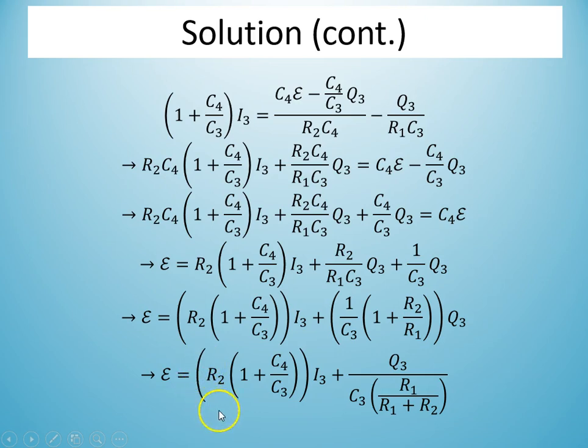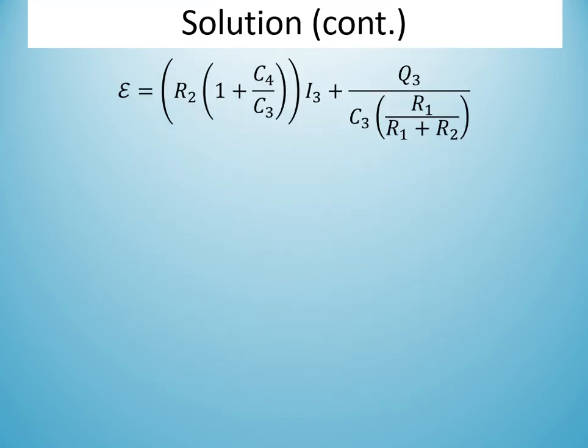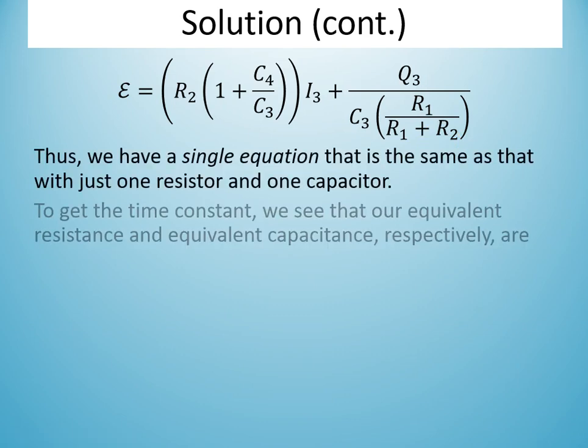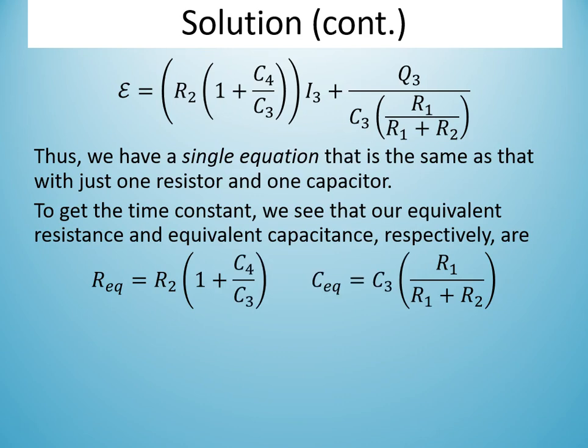We have our effective resistance, or equivalent resistance. We have our equivalent capacitance right here. So, from that, since we have our R and we have our C, we can get a single equation for the time constant. We multiply the R and the C together.